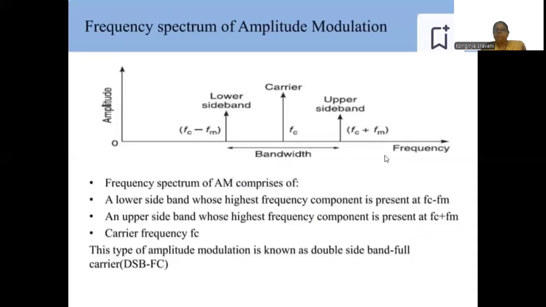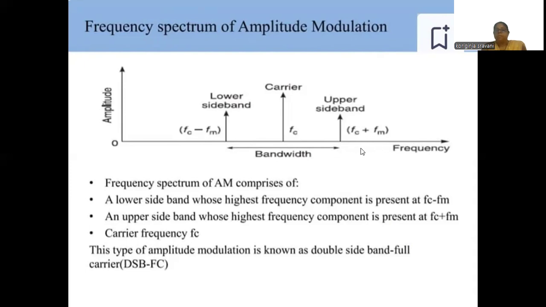This is the frequency spectrum representation of amplitude modulation. See here, it is having two sidebands, lower sideband and upper sideband. The lower sideband extends to Fc minus Fm, and the maximum frequency of the upper sideband is Fc plus Fm.